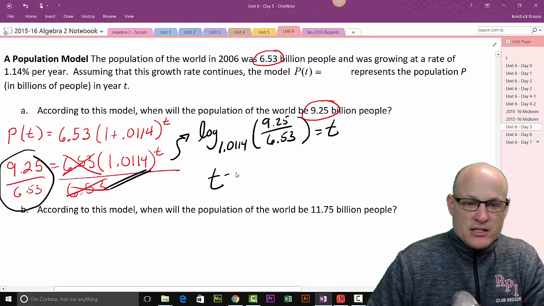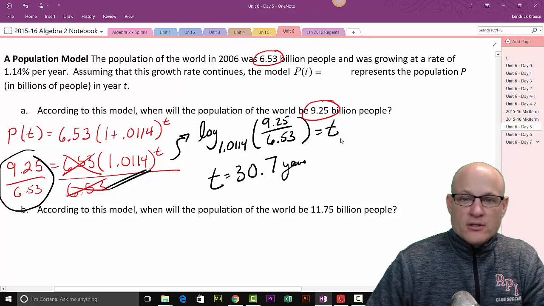So t equals 30.7 years. Let's see. This was 2006.